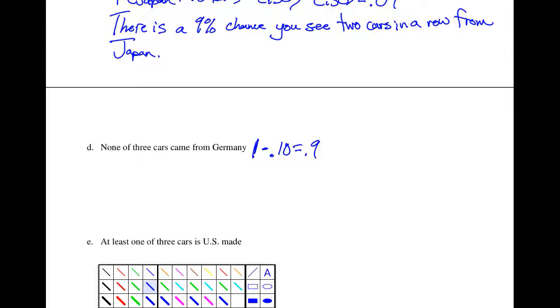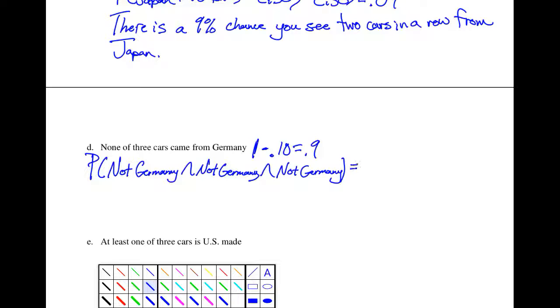So to write it out, we're going to do the probability of not being from Germany times the probability of not being from Germany times it again. You can break that down into separate factors. Just to save space, I'm going to use NG to represent not from Germany.